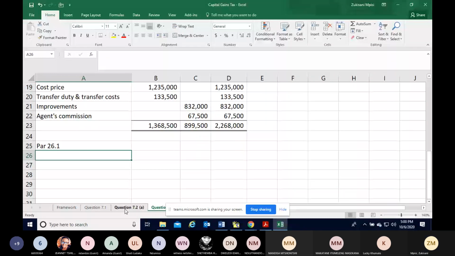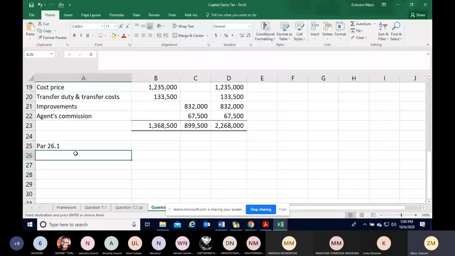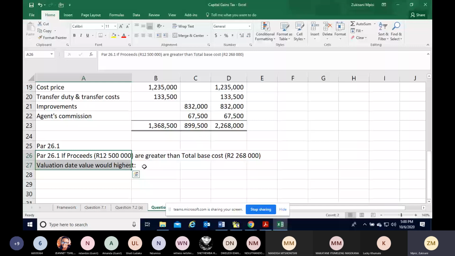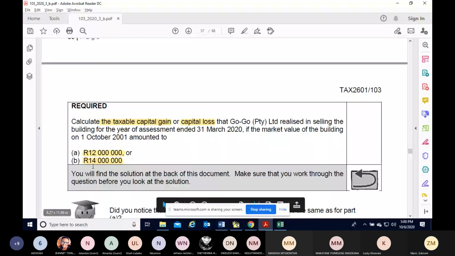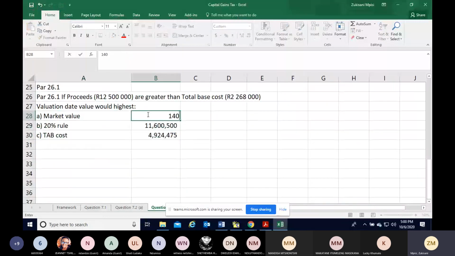If proceeds are greater than the total base cost, then the valuation date would be the highest of the market value. The market value in this case would be 14 million, the 20% rule, and the time apportioned base cost.